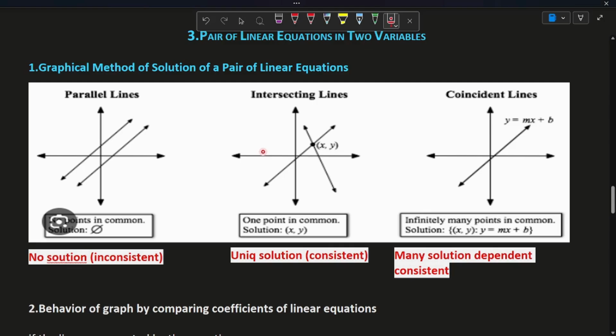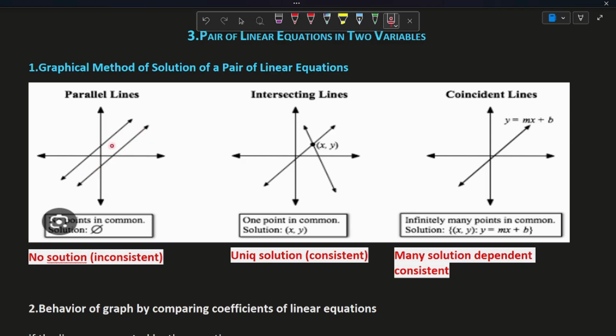In the graphical method for a pair of linear equations, we can conclude the nature of the solution. A pair of linear equations has many solutions, a unique solution, or no solution, based on the behavior of the graph. For example, this line is one linear polynomial in two variables, and this line is another.